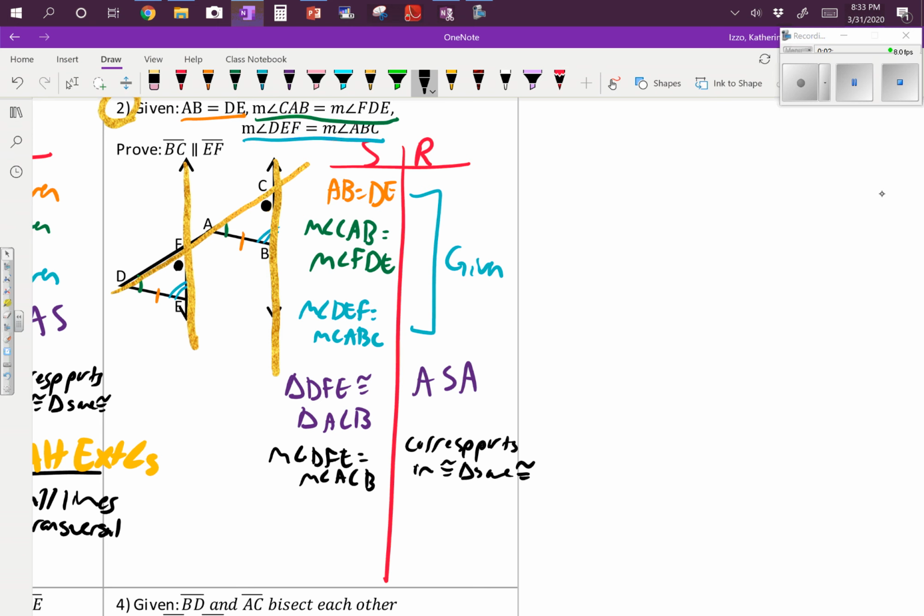So now I've got those angles and I can go backwards and say, awesome, BC is parallel to EF, which is our mission.